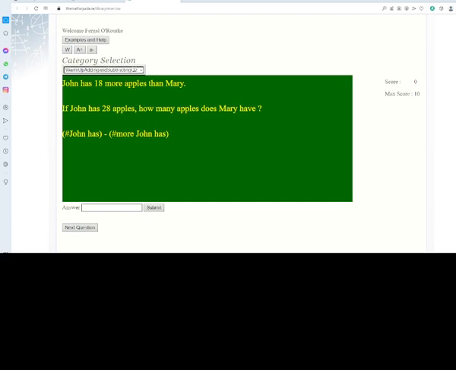This might seem reasonably easy to you, but the idea here is that there are lots of questions that you know how to answer, but you need to think, what exactly am I doing every time I'm answering that? That way you can create a formula, and then you can use that formula in situations that are more difficult. In this question, you simply find out how many apples John has, which is 28, and you subtract how many more John has, 18, to find out how many Mary has.